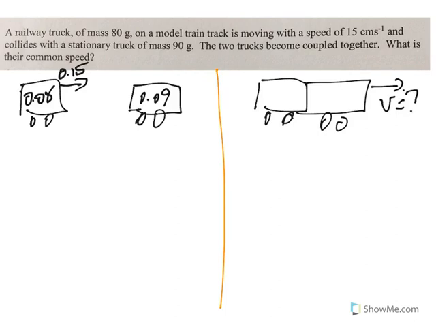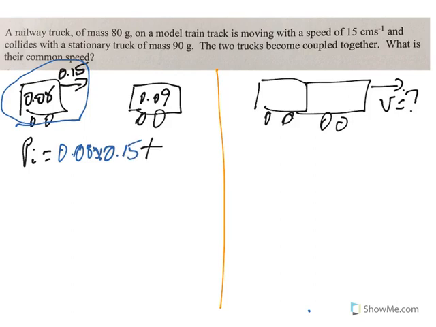So the momentum before, well, there's two bits to it. There's this truck here, and its mass times velocity, 0.08 times 0.15, plus this one here, and it's 0.09 times 0.